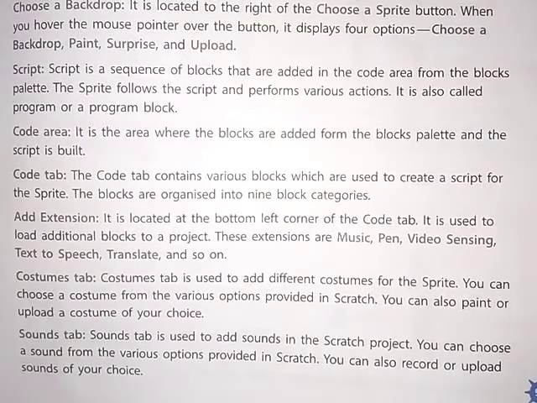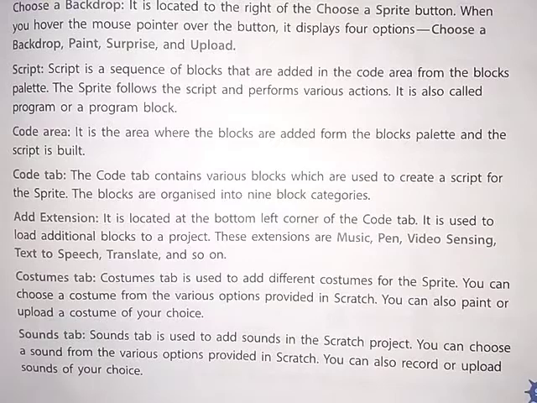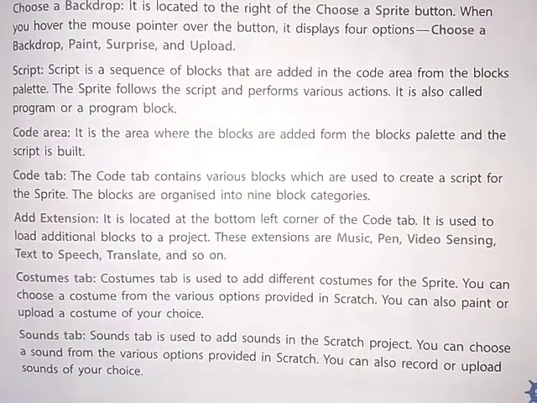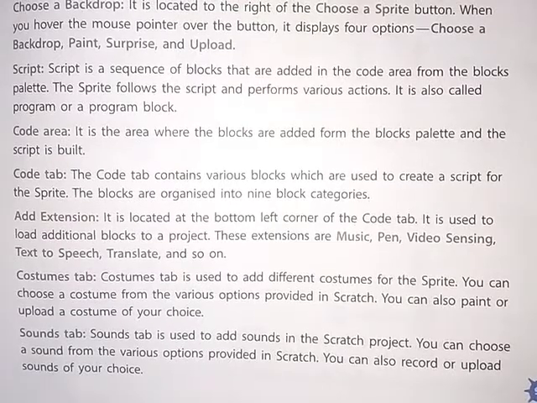Code area. It is the area where the blocks are added from the blocks palette and the script is built. Code tab. The code tab contains various blocks which are used to create a script for the sprite.